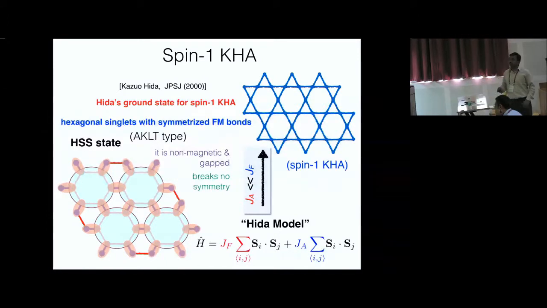It's a quantum paramagnet, and it breaks no symmetry: no spin symmetry, no lattice symmetry. It's a perfectly symmetric state. So this looked like, to begin with, a very nice candidate state to describe the physics of this material, and by extension, in this limiting sense, the physics of the spin-1 Kagome Heisenberg antiferromagnet.